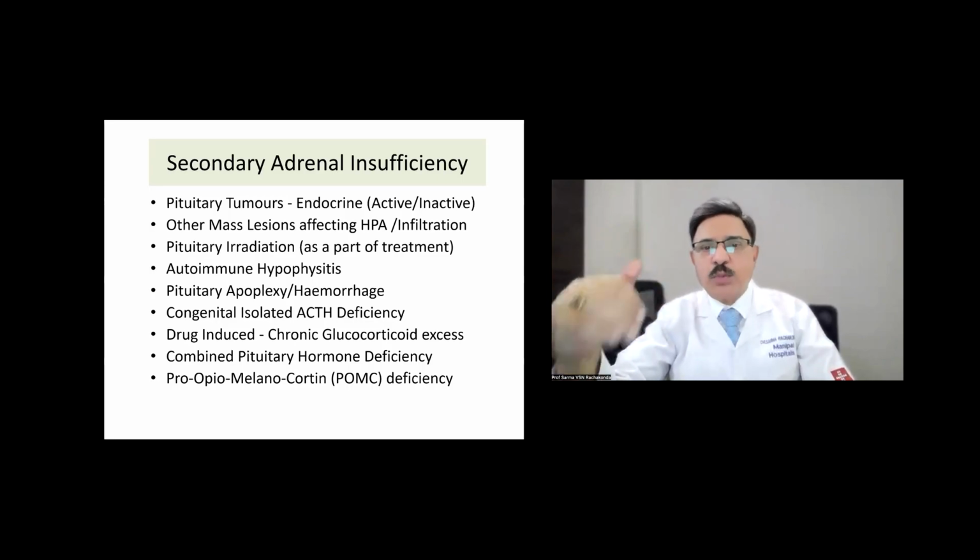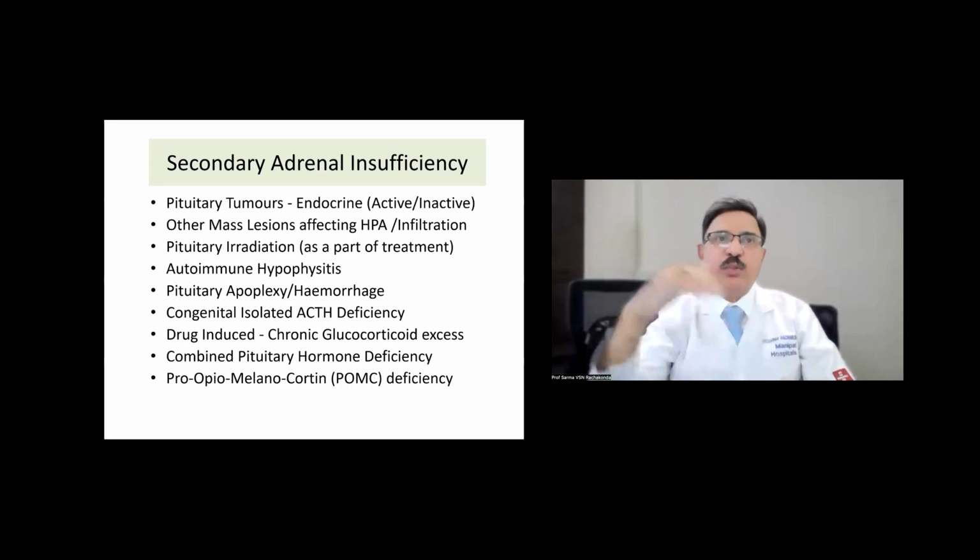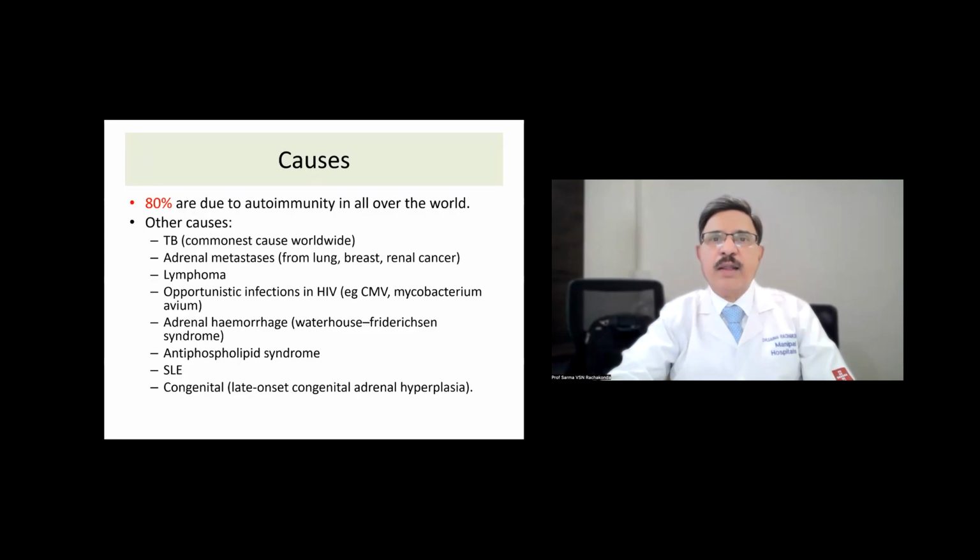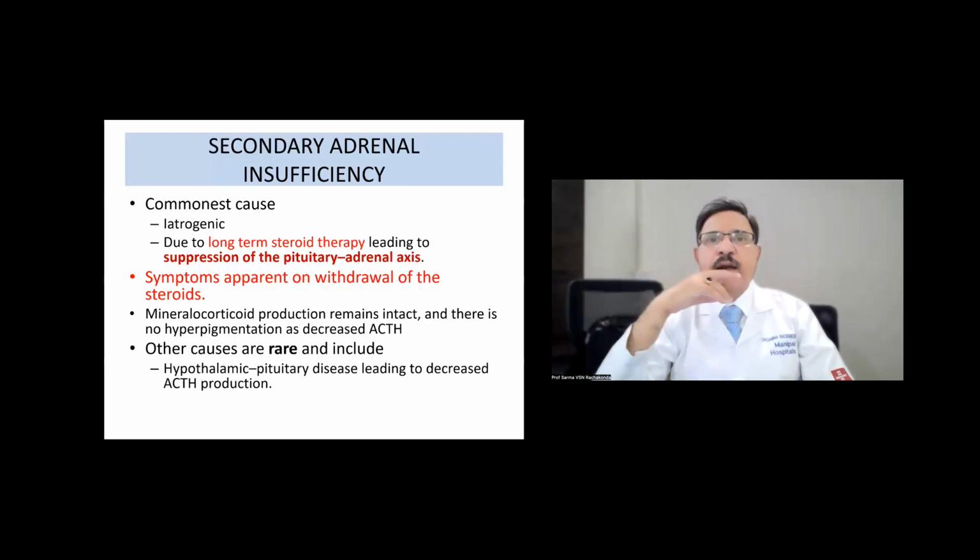Pro-opiomelanocortin is the precursor for melanin stimulation, so its deficiency can also cause this. These are the various causes of secondary adrenal insufficiency. In the primary one, TB is the most common cause, along with adrenal metastasis, lymphomas, and adrenal hemorrhage. Already we have discussed this slide more or less.